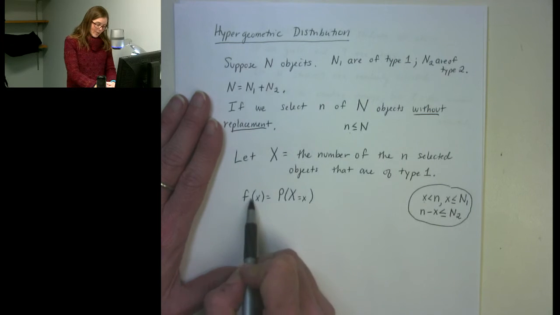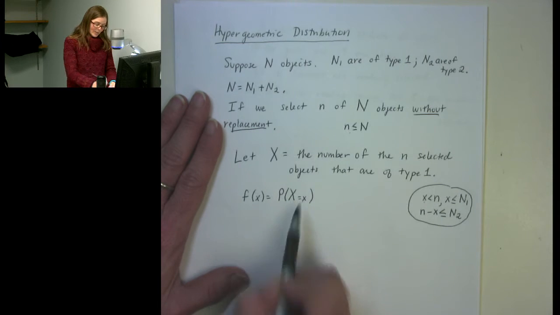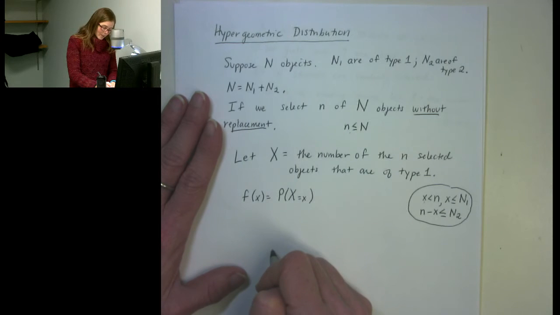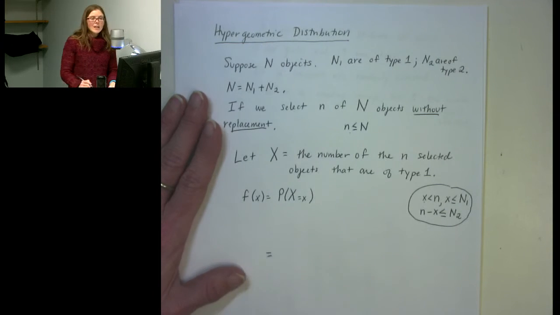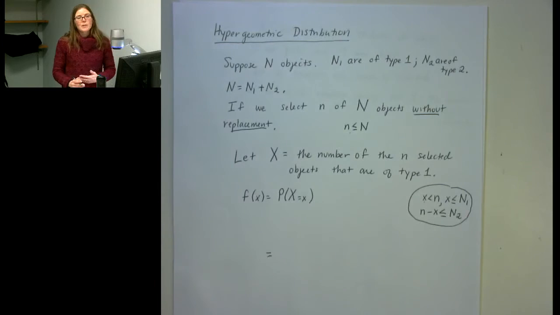Now suppose I want to find the probability that X takes on a particular value. The way I'm going to do it is using classical probability, which remember means that I've got equally likely outcomes. I'm selecting at random, so I'm equally likely to choose each object.